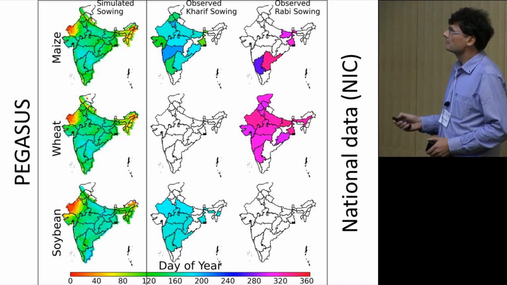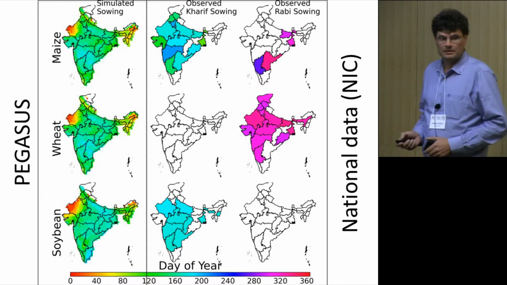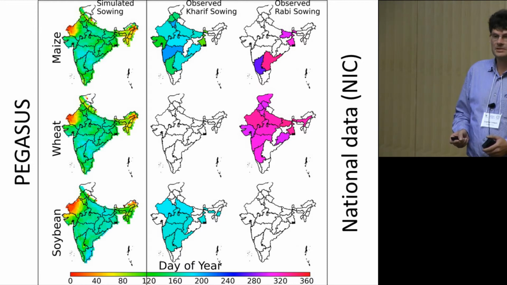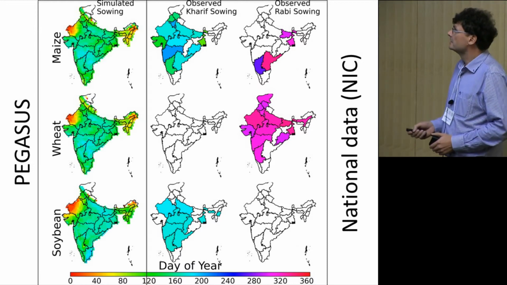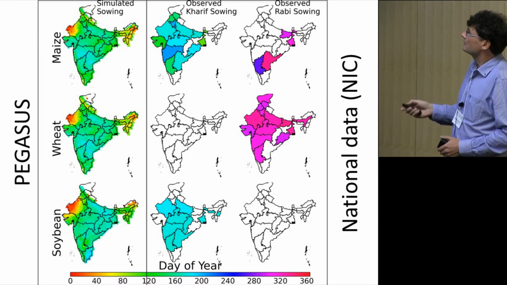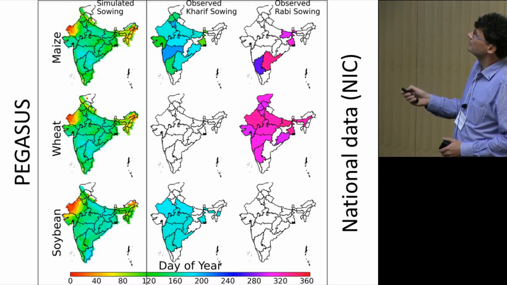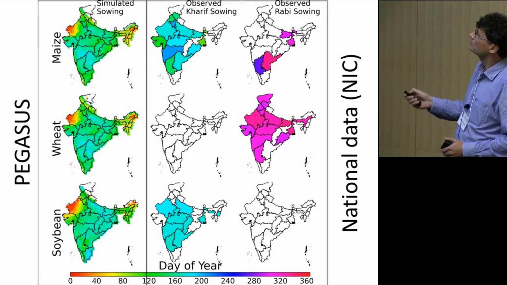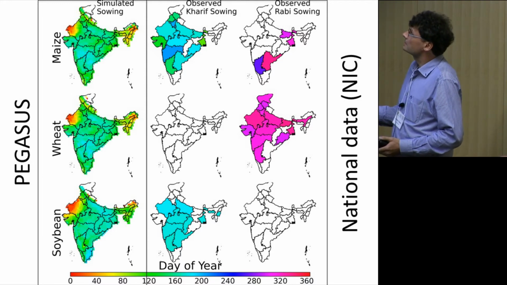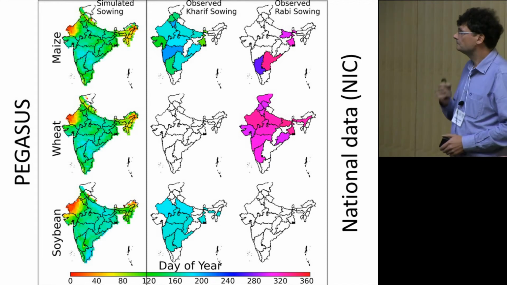And we have a problem for wheat. This is known because in Pegasus mainly spring wheat is simulated, while in India wheat is grown in the winter season. But also for maize we see some differences, and we have here two growing periods in the year, and this of course does not really fit the assumptions made in the model.